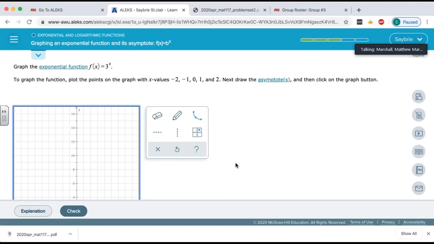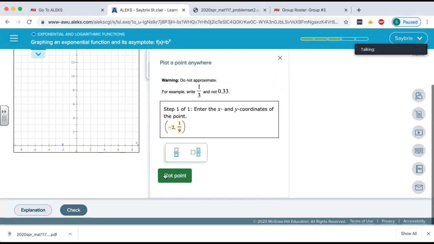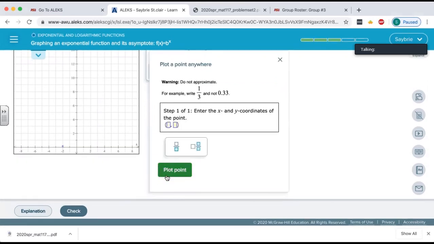Yep, because 1 over 3 to the positive 2 is 1 over 3 squared, which is 1 over 9. So that first fraction, negative 2, and then 1/9. And if I plug in negative 1, that just gives me 1 over 3 to the first, which is 1/3. So negative 1 would be 1/3 on that one.